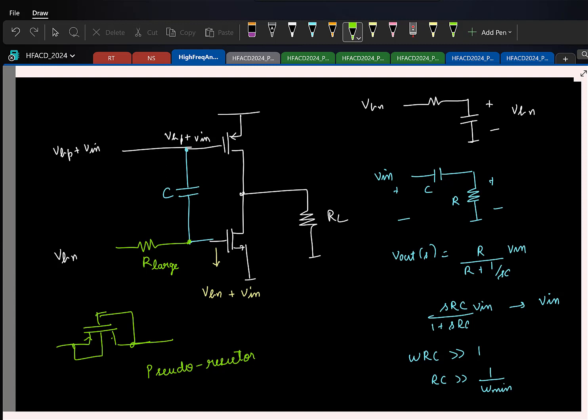In fact, there are people still trying to get better and better pseudo resistors, because it turns out in biomedical applications, the signals you are dealing with are really small, a few tens of hertz or maximum 100 hertz or something, right? So once again you need to make sure the R is very large, because there again you want to make an amplifier.